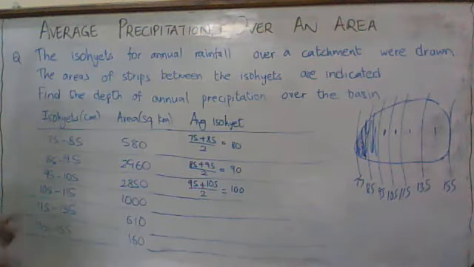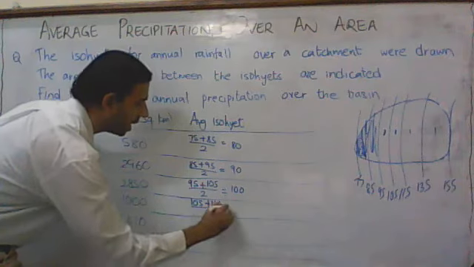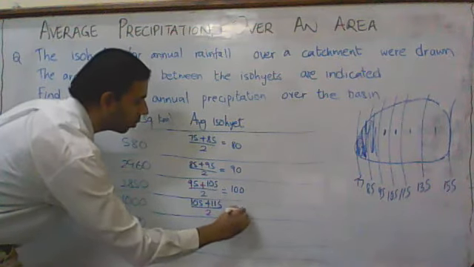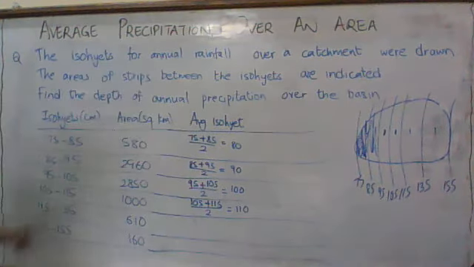Then 105 plus 115 by 2. This comes out to 110. Next, 115 plus 135 by 2. How much does this value come out to? This comes out to 125.